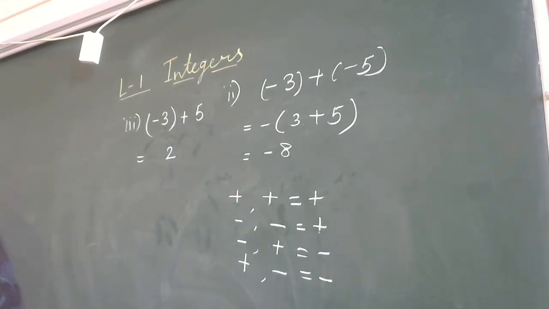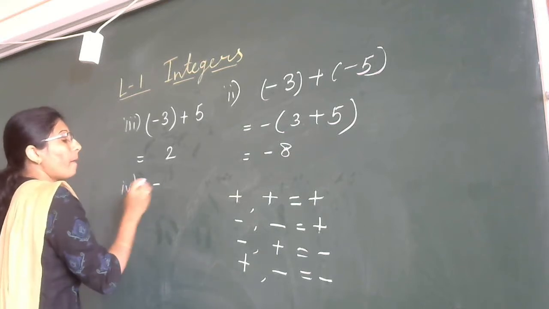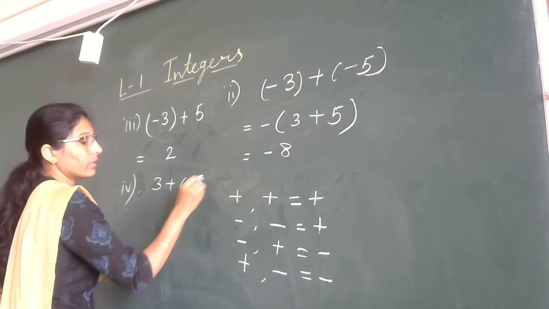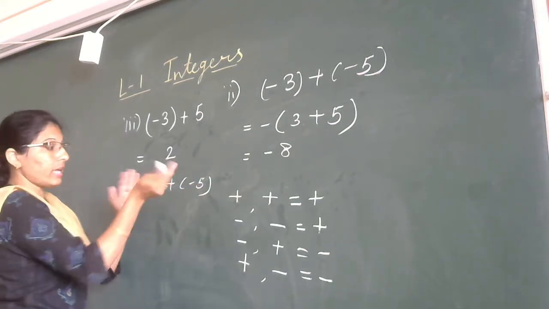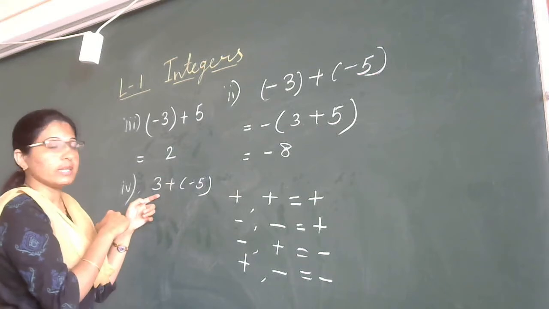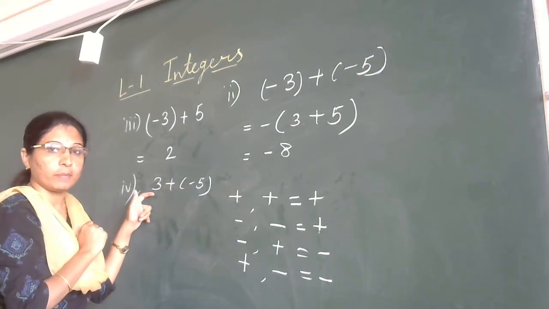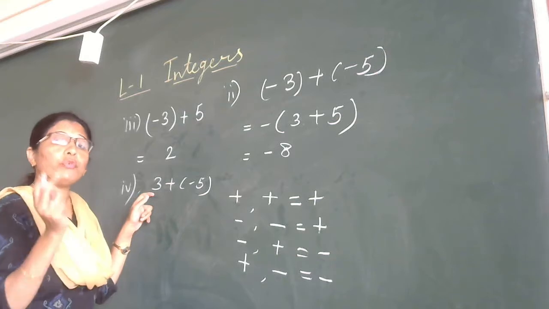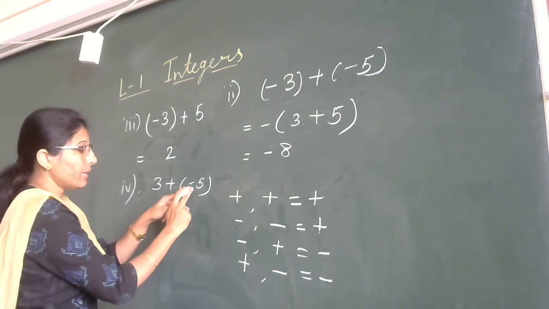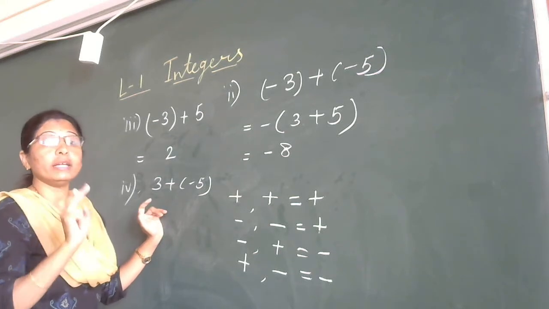In case it is plus 3 and minus 5, if the signs are different, the greater number has a minus sign and the smaller number has a plus sign. In that case also you have to subtract only. That means plus minus means we have to subtract the integers.